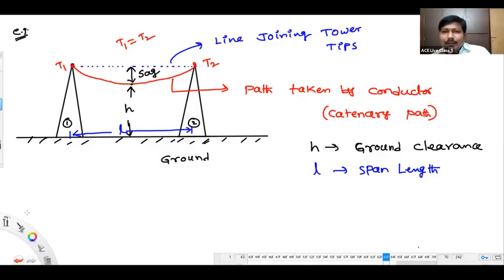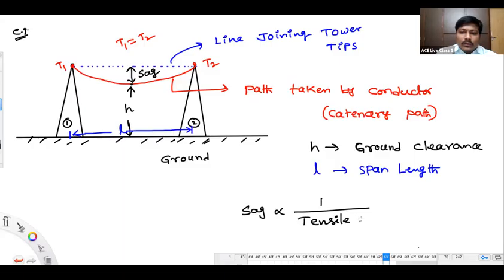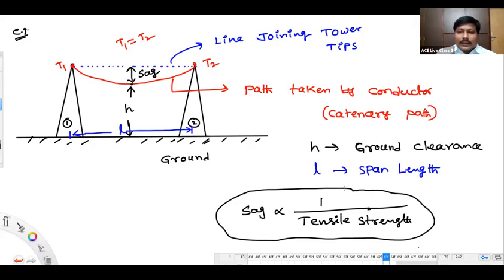So we can feel that sag will be inversely proportional to the tensile strength of the conductor. Clear?